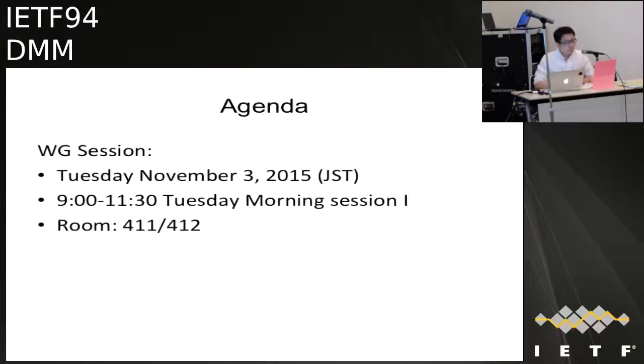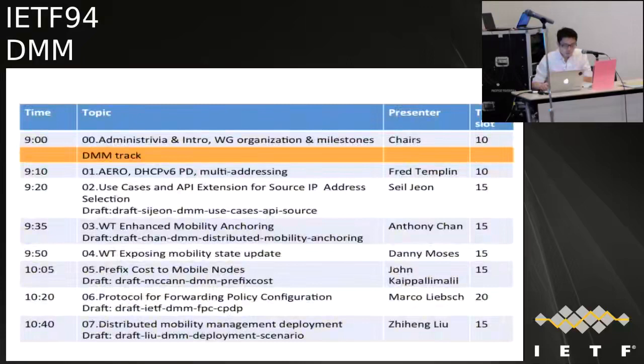And for today's agenda, we have a morning session, and we have a lot of presentations. So it's a reminder that every presenter should stick to their allocated time slots. Otherwise, we cannot finish this morning's agenda. Regarding the agenda, we have 3 parts.